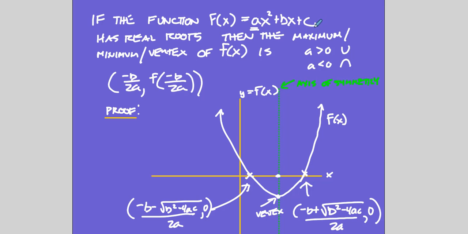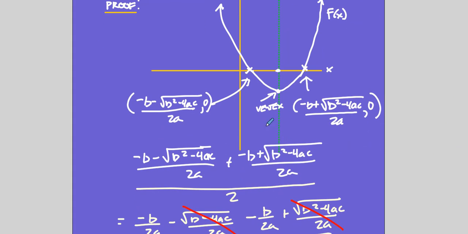Negative b over 2a is simple to remember. So the vertex coordinates again, which in this case the way I've drawn the function is a minimum, but if it was going as a maximum, it's the same thing. These coordinates will be negative b over 2a, f of negative b over 2a.